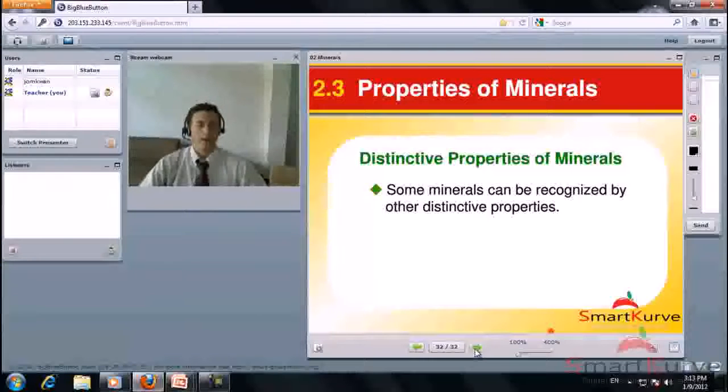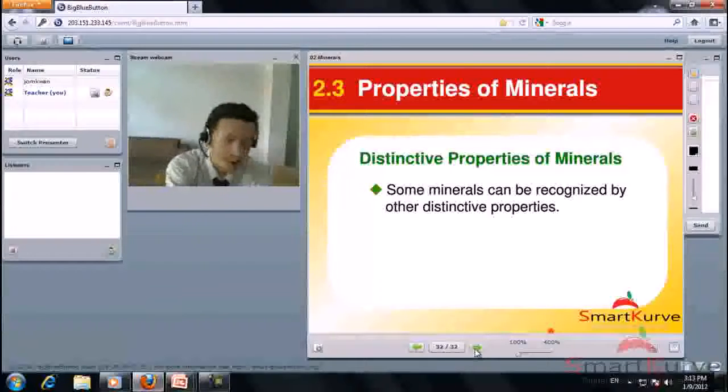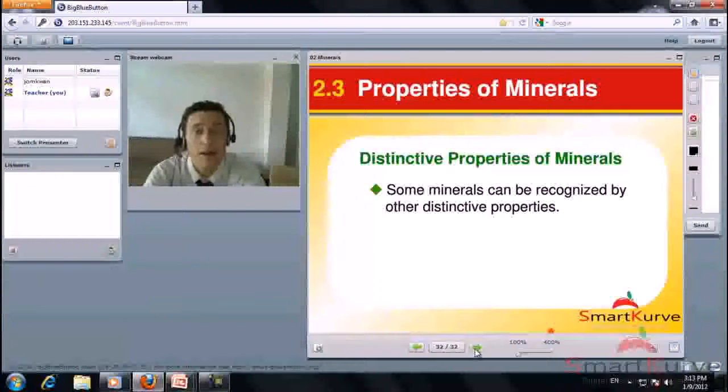And of course, these are not the only properties of minerals. Minerals have many different properties because there are many different elements that make these minerals. Whether they are a silicate or a carbonate, they can combine with many different alkali metals, alkali earth metals, or transition metals in many different patterns.